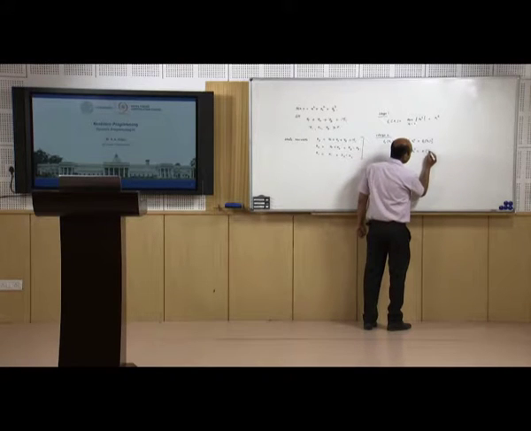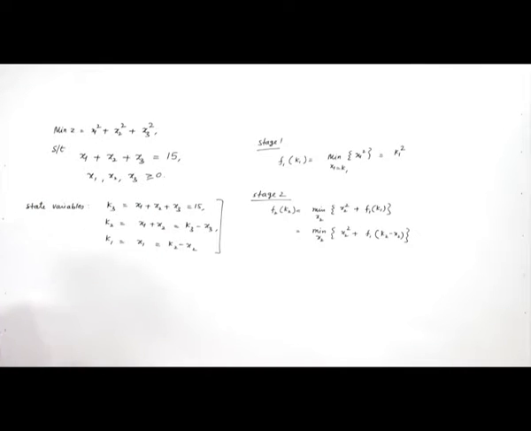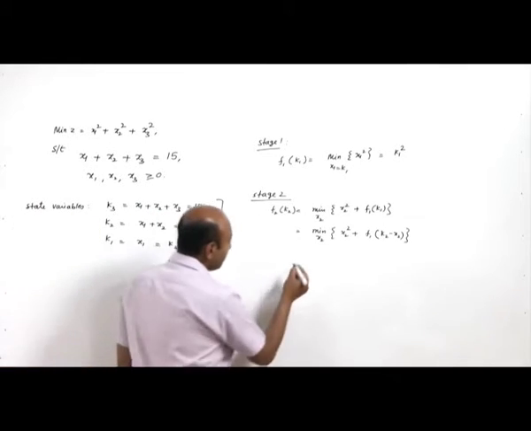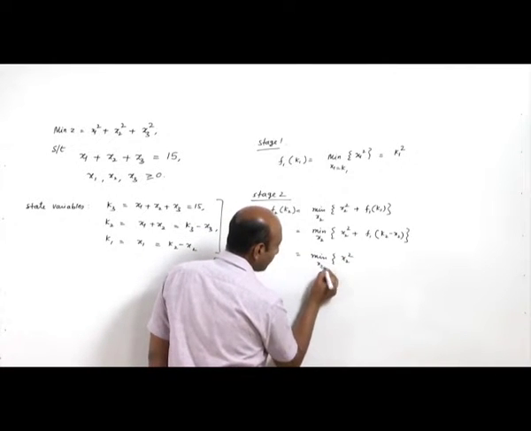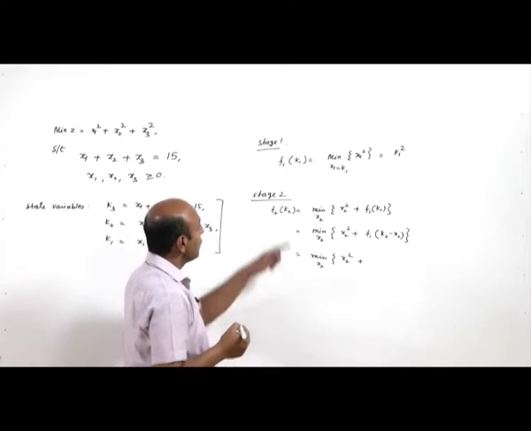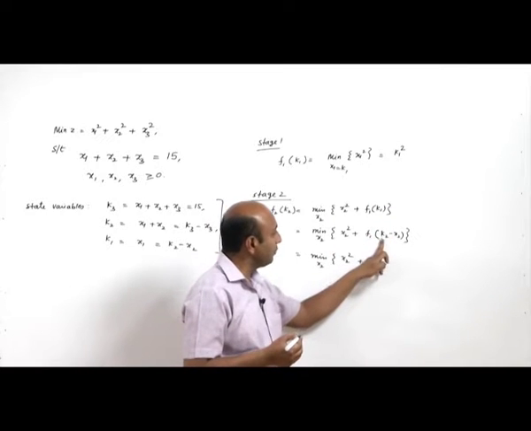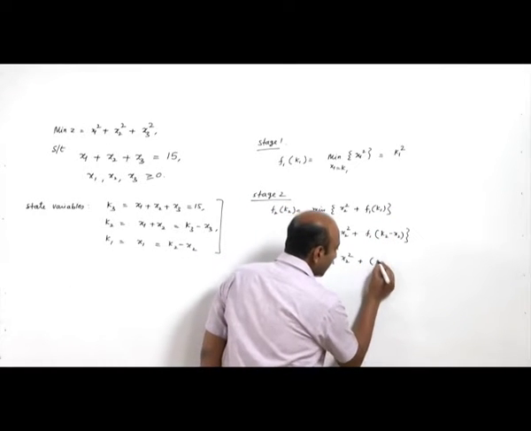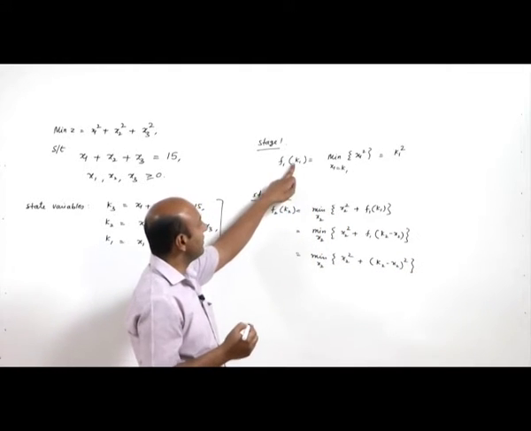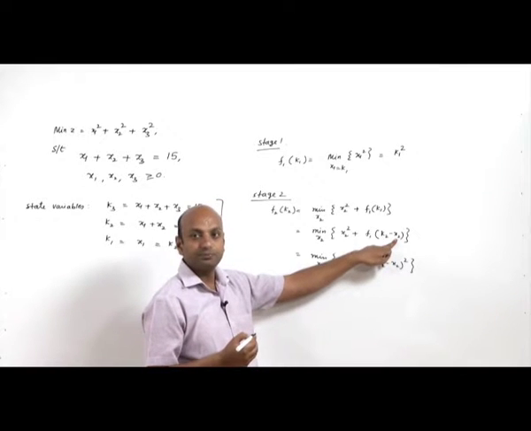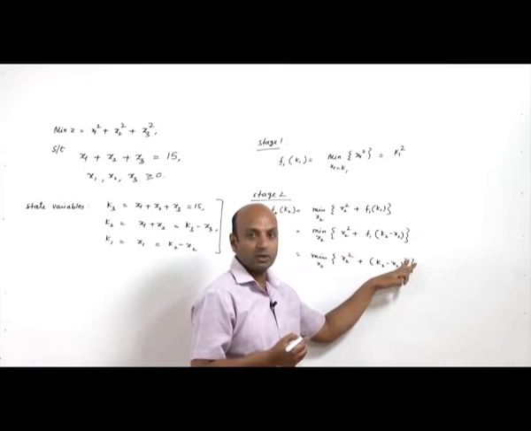So it is the minimum of x2 square plus, now f1 k1 is simply k1 square, so f1 of k2 minus x2 will be k2 minus x2 whole square. You simply replace k1 by k2 minus x2.